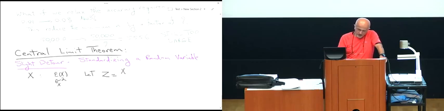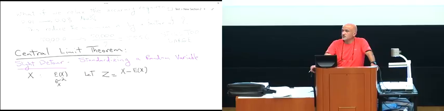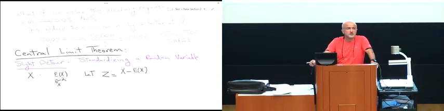by subtracting from x its mean. What happens when I subtract the mean of a random variable from itself? What kind of random variable do I get? A zero mean random variable. So subtracting the mean gets rid of that bias due to the mean.